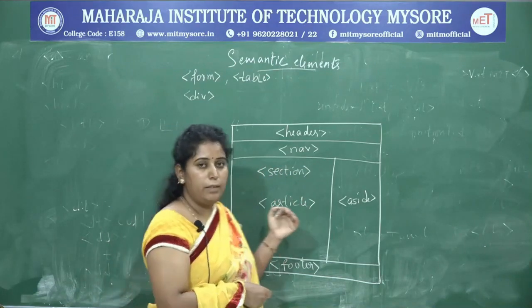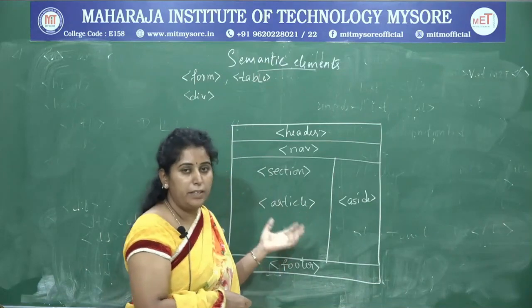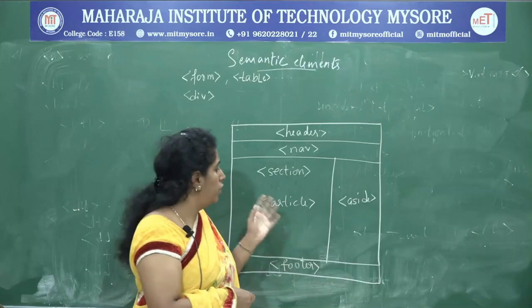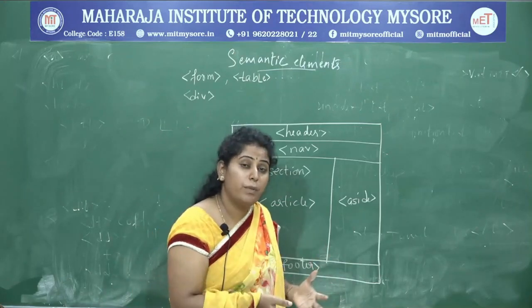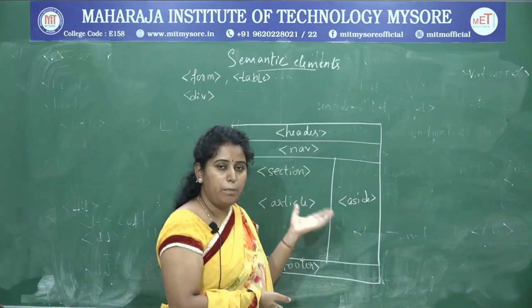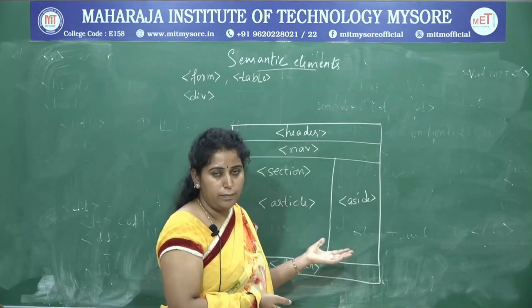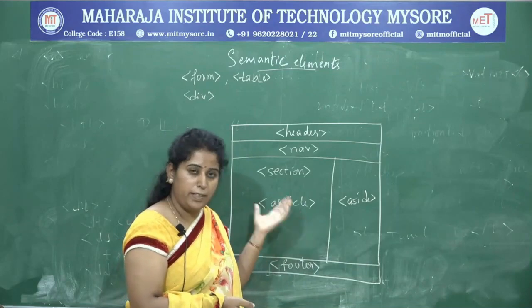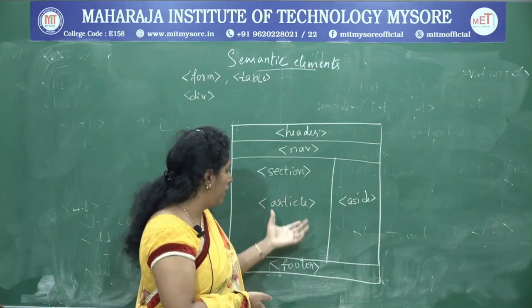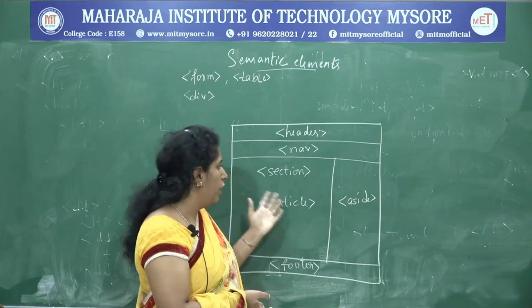Article. Article means it is a self-contained content. It is independent content. You are providing some detailed information about an article. For example, you can take an example, newspaper article, blog. That is an example of an article. So these things can be given inside an article tag.